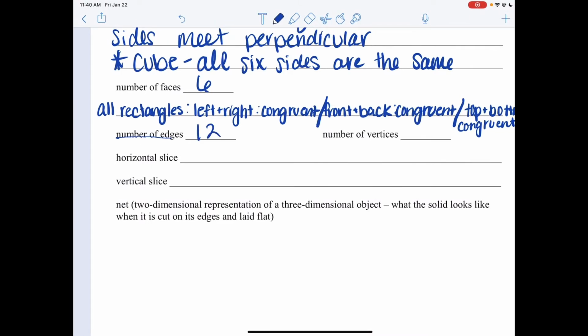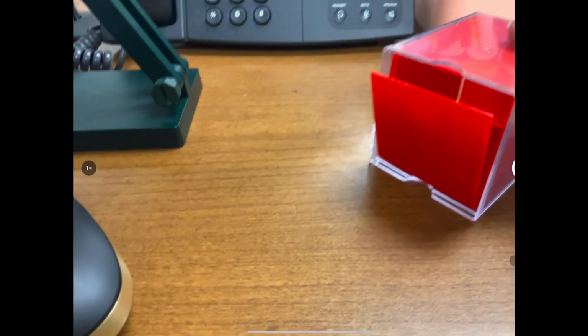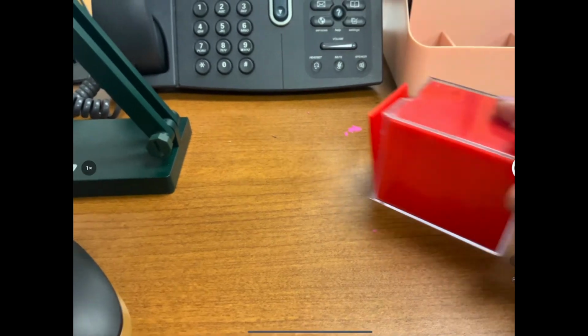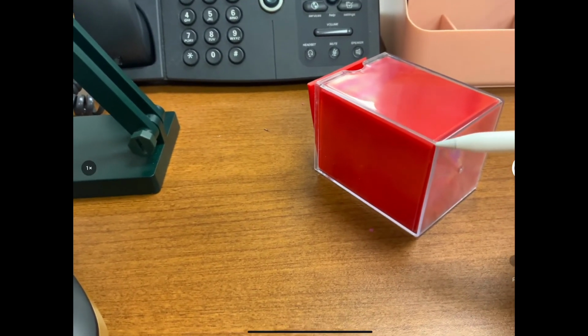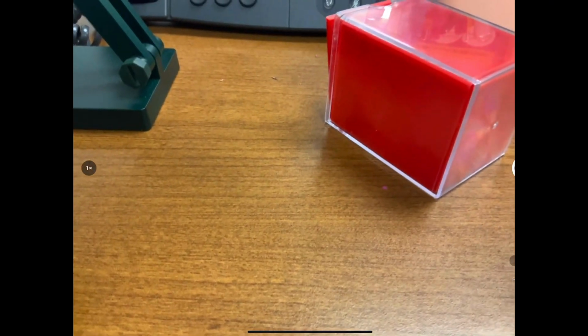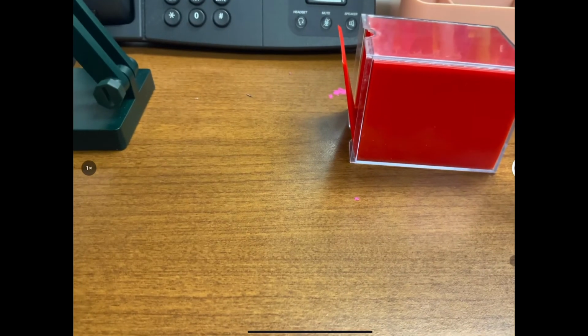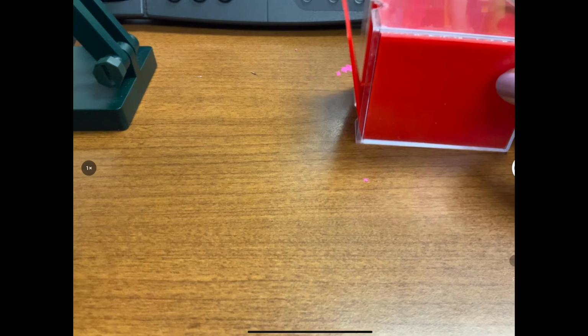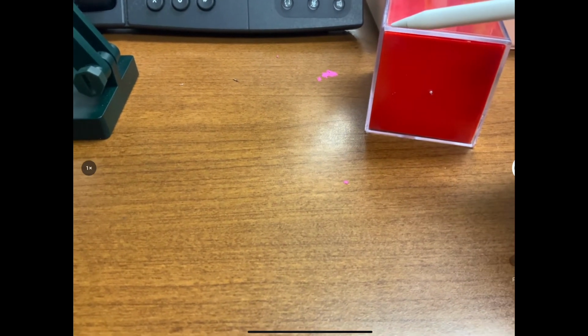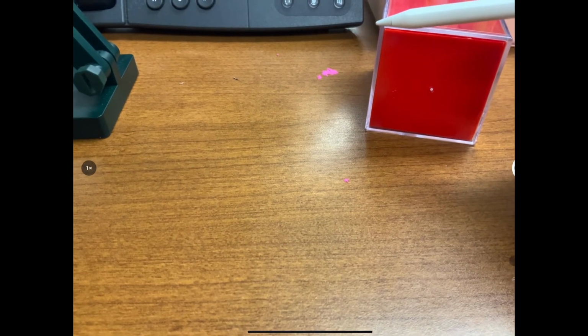And with vertices, that's actually the point where all 3 faces meet, okay? So going back to my right rectangular prism right here, what I'm talking about is these points right here. Now, when you're counting the vertices, you want to make sure you're being careful counting them, because you don't want to count them twice. Because if I'm looking at this angle, this is 1 point. But if I look at this angle, it looks like it's another point, but remember, they're sharing that same point.